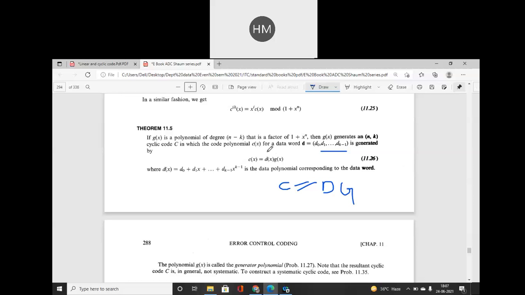A 7-digit code word will be generated. So here I have d0 till dk minus 1 x to the power k minus 1, because I am starting with d0, not with the d1 bit. If I start with the d1 bit, then it will be dk x to the power k. Okay. So this is the data polynomial corresponding to the data word given.